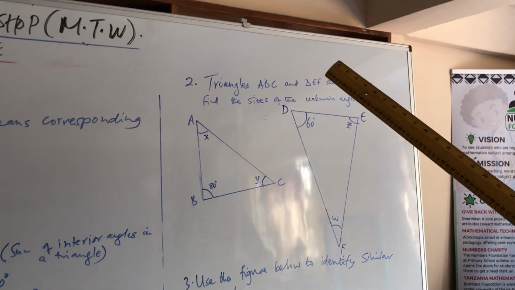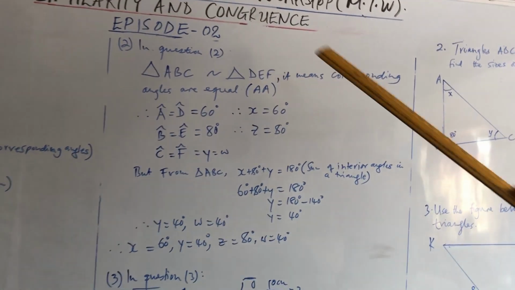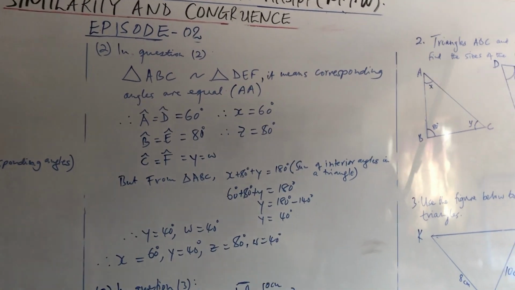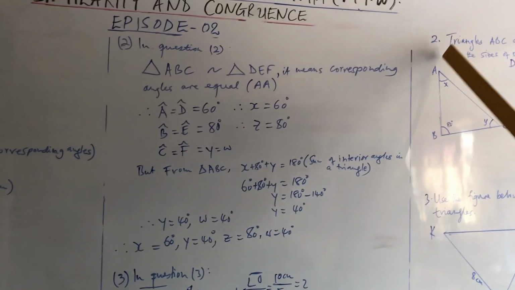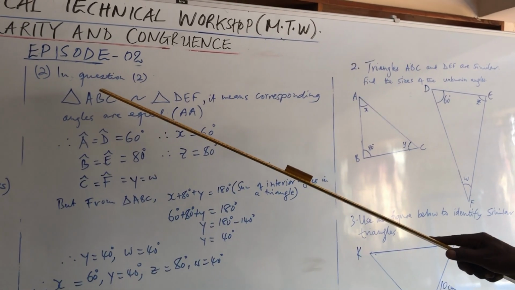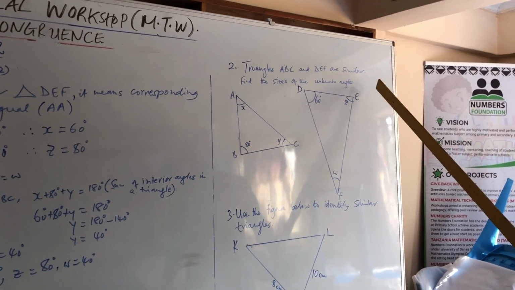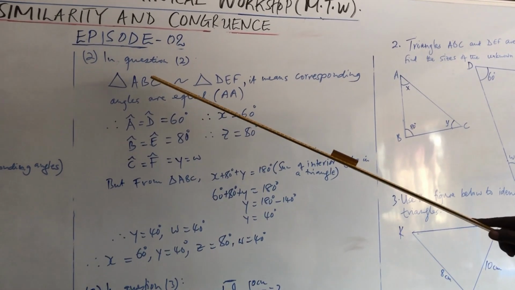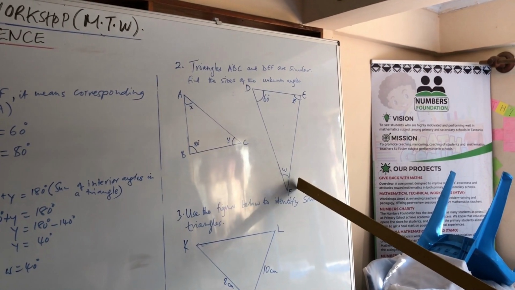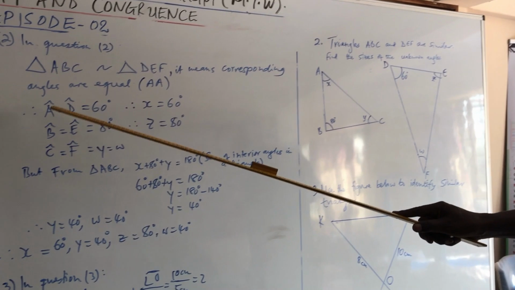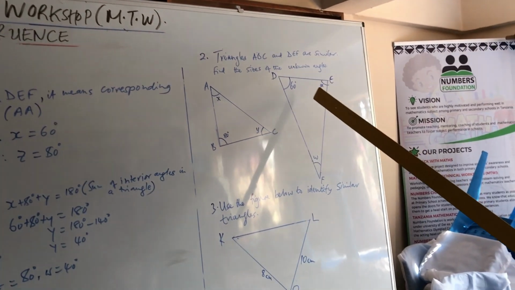And for that matter then, angle A is supposed to be equal to angle D. A equal to D. Angle B is supposed to be equal to angle E. B equal to E. And angle C is supposed to be equal to angle F. C equal to F.